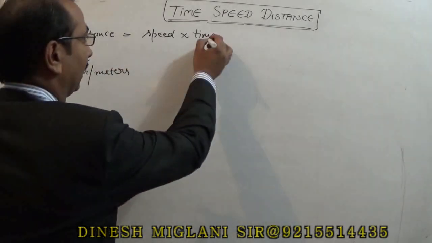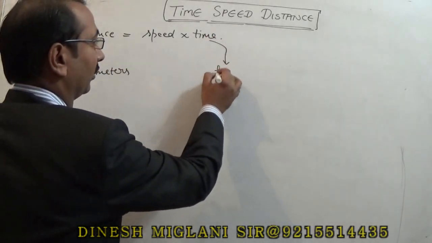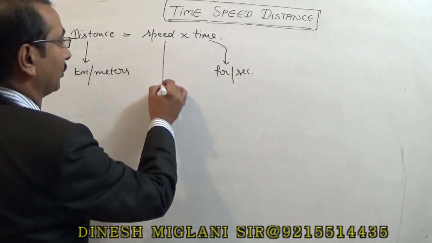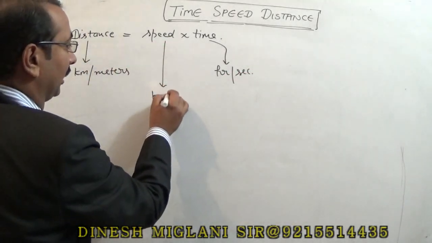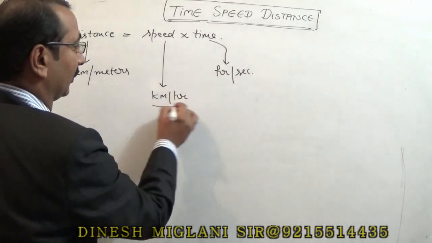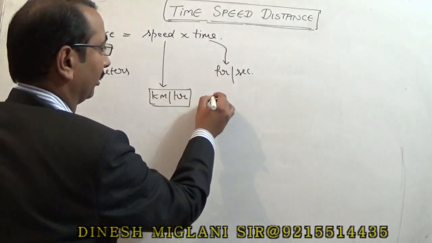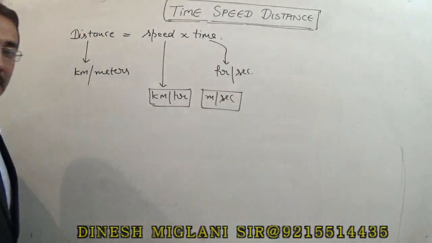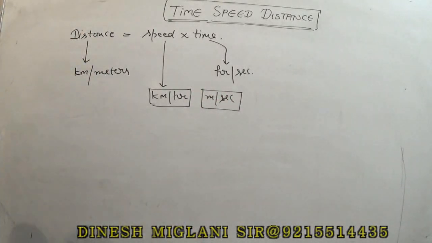When you consider the time, this is measured in hours or seconds. When you talk about the speed, it is either given in kilometer per hour or meter per second.